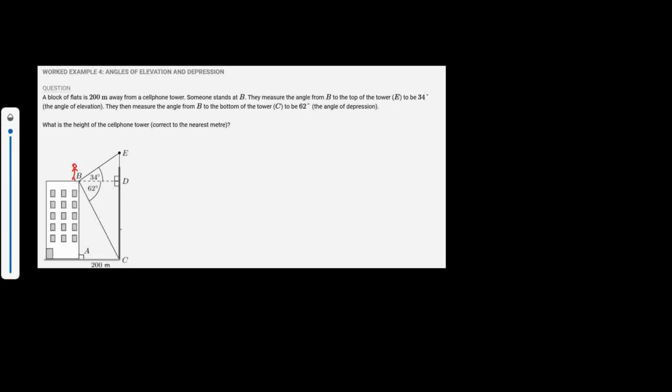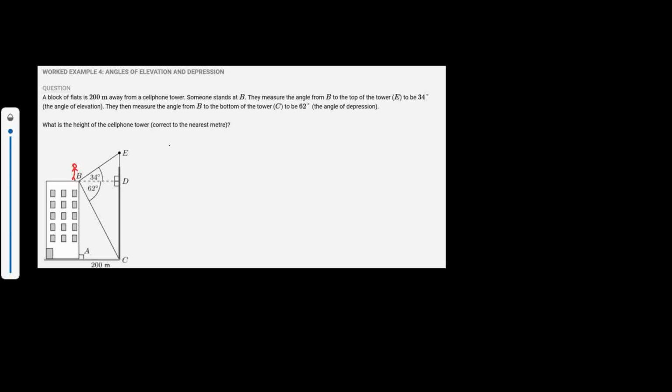Right, so let's first try to find, this is quite an interesting question, the distance of CD, because CD is the height of the building. The block of flats is CD. Now we are given angle CBD.